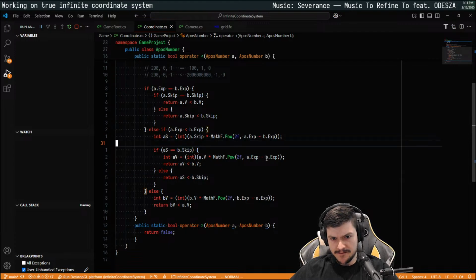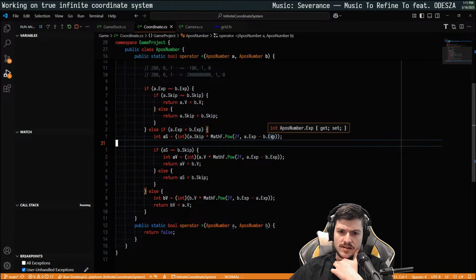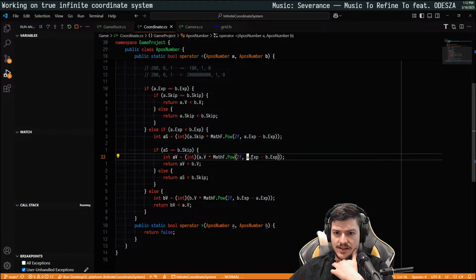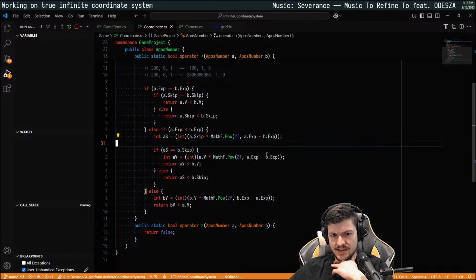Is that correct? If the skips are equal, then you take the V of A and then you can compare these values directly, right?